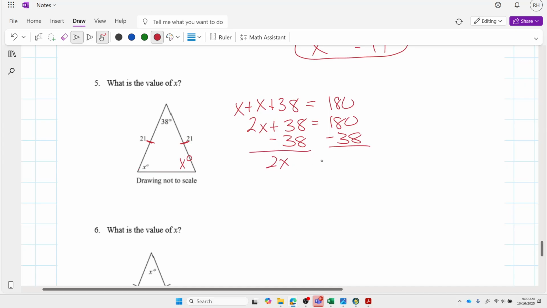And 2x equals 142. And then divide each side by 2. Is that 71? 71.